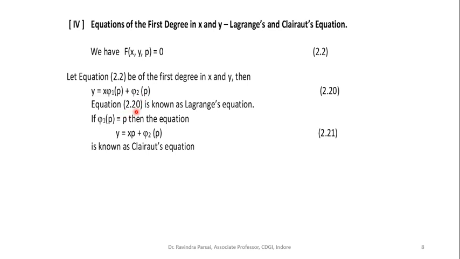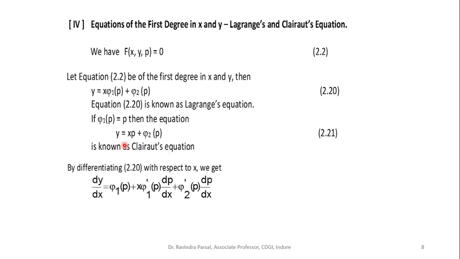This is known as Lagrange's equation. If phi1 of p equals p, then the equation is y equal to px plus phi2 of p. This is known as Clairaut's equation.